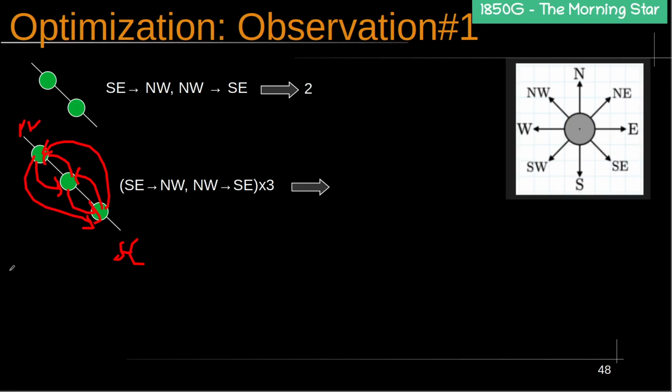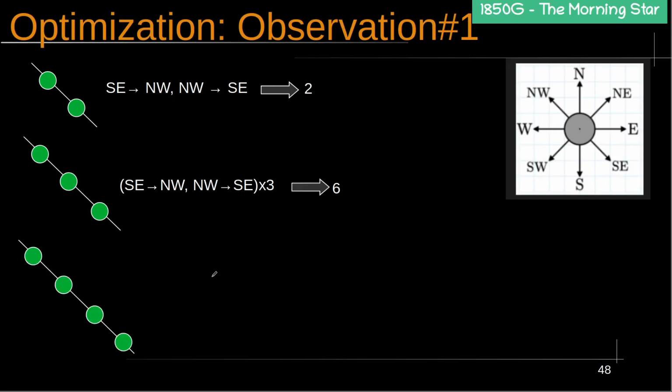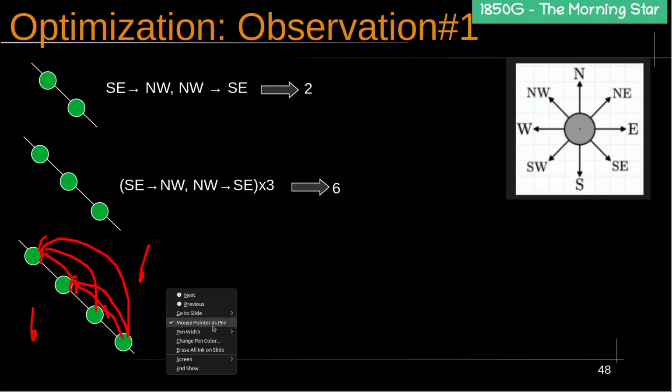So I have 6 directions for this configuration, 3 points in the same line. If I have four points, I have these directions: 1, 2, 3, 4, 5, 6 here, and the same here, 6. So we have 12.